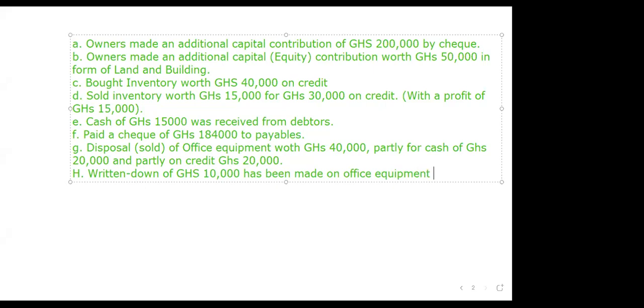This is how I will put it. A written down of 10,000 has been made on office equipment, which speaks just like a depreciation of 10,000 has been made on office equipment. A revaluation of 10,000 has been made.